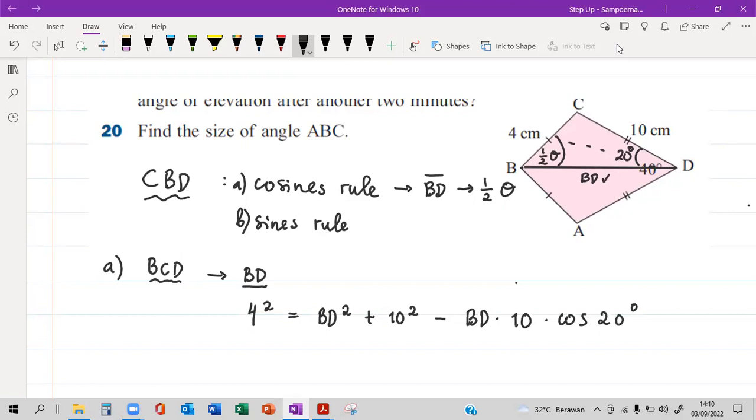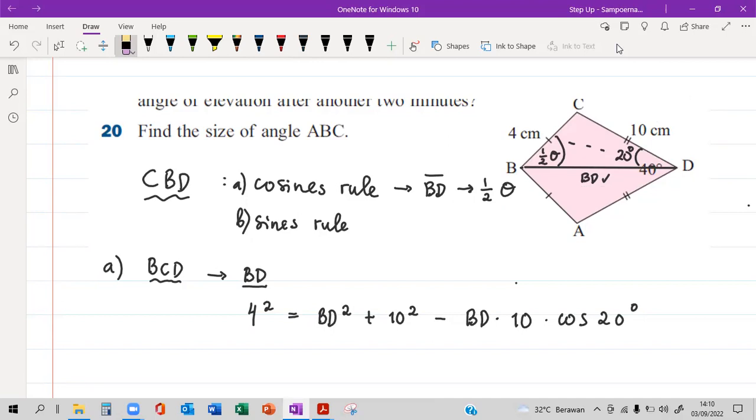Okay, so that's the formula. These sides equal this side and this side, minus this side and this side times cosine of the angle that has been bounded by BD and CD. Okay, it is a little bit longer, perhaps.